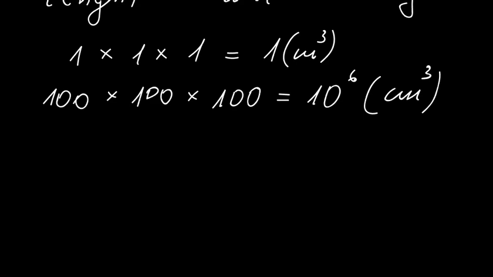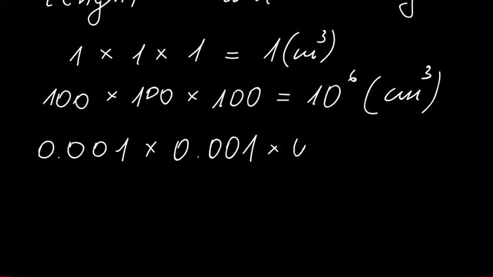Now, if we want to find our volume in cubic kilometers, 1 meter is 0.001 kilometer, because 1 kilometer contains 1000 meters. So multiply it 3 times and we get that this is equal to 10 to the power of minus 9, and this is cubic kilometers.